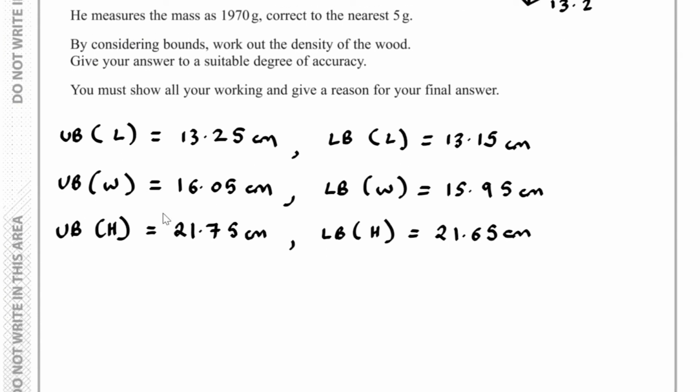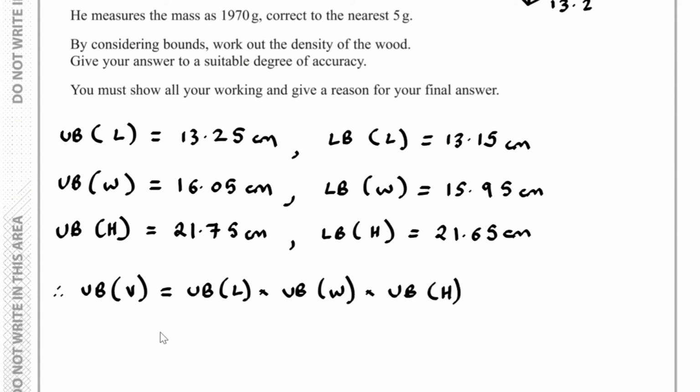And with these we can find out the upper bound of the volume. That's equal to the upper bound of the length times the upper bound of the width times by the upper bound of the height.